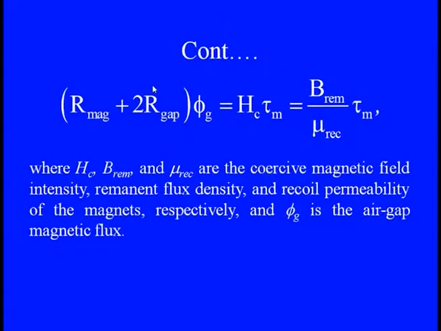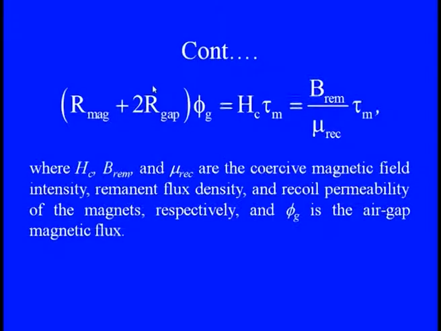Brem divided by mu Rec into tau m, and this Brem is the remanent magnet flux density, because we need to see how much magnetic effect is there. And we know that mu Rec is the permeability in the recoiling of the magnets.